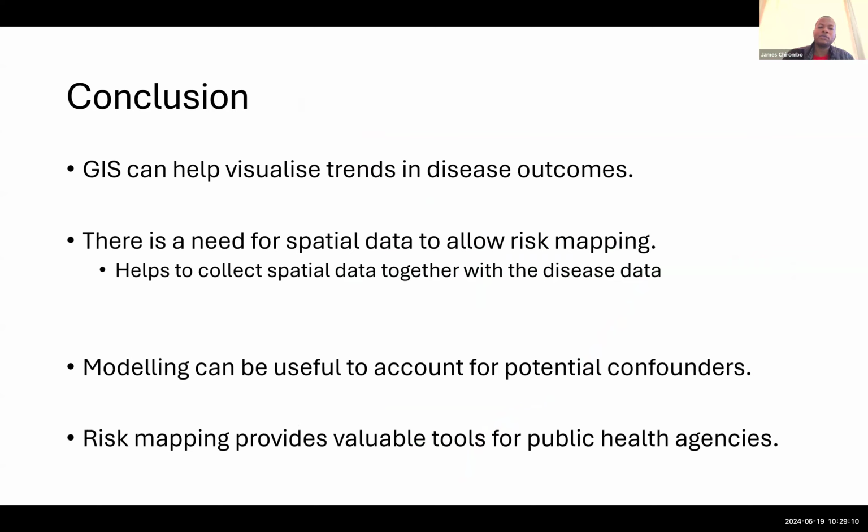We might also need to account for potential confounding. So we might need to include some pieces of information, let's say social demographic, population density, and so on, so that we have got a more comprehensive data set that we can use for risk mapping to provide valuable tools for public health agencies.